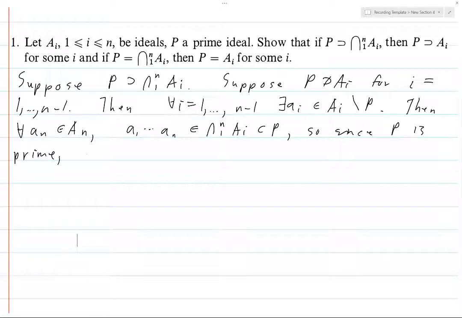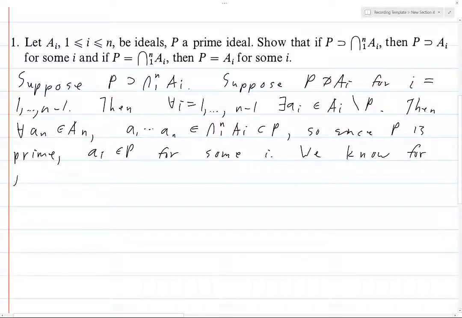we know that little ai is in P for some I. Let's see here. We know that for j between 1 and n minus 1, aj is not in P by choice.